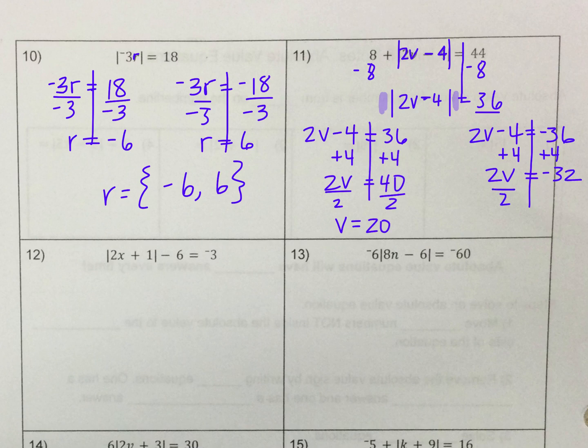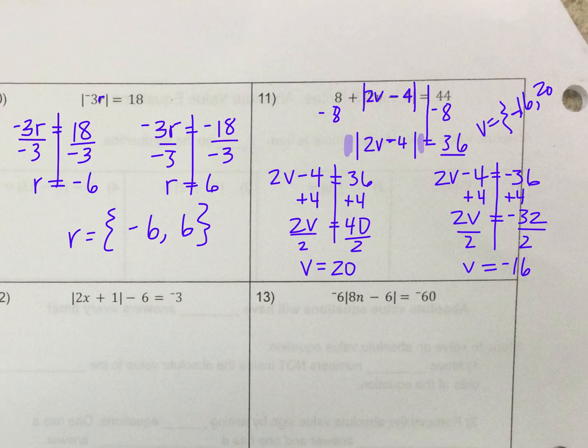And then I'm going to divide by 2 and get v equals negative 16. So then I need to put those in my squiggles. V equals squiggle negative 16 or 20, and then close your squiggles over there.